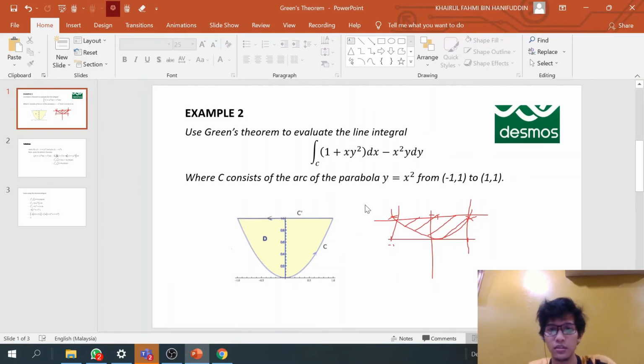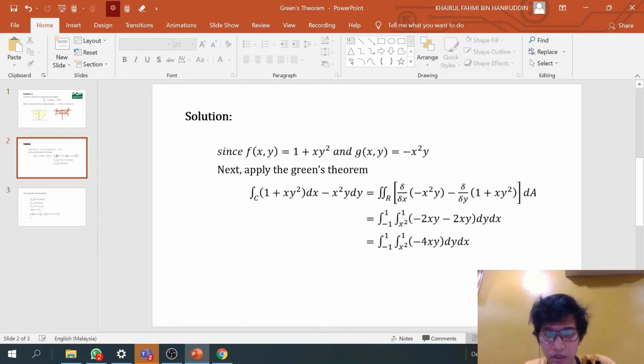Now we have to solve the equation using Green's theorem. 1 plus x y squared is the equation of f, and negative x squared y is the equation of g. So how we solve using Green's theorem is we differentiate the equation of g with respect to x, and we differentiate the equation of f with respect to y, and we get this answer.